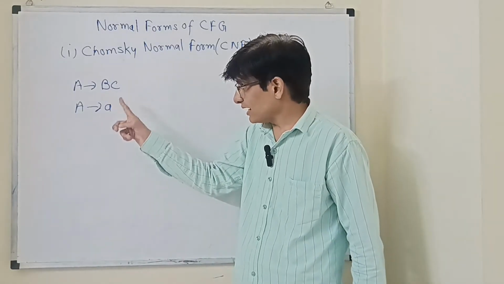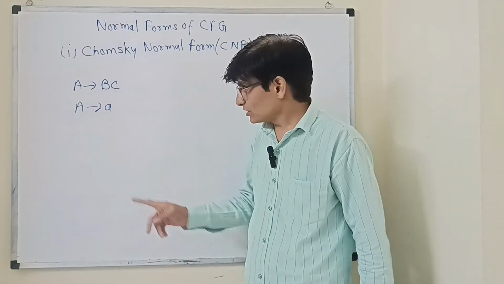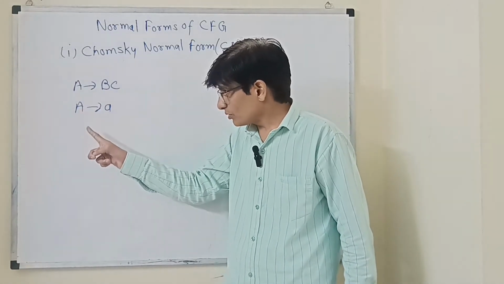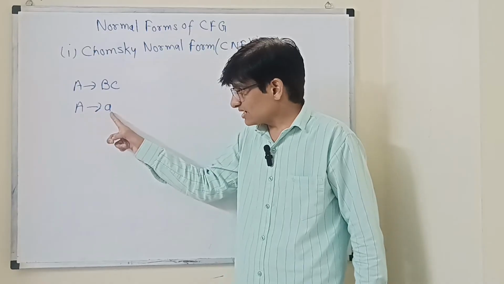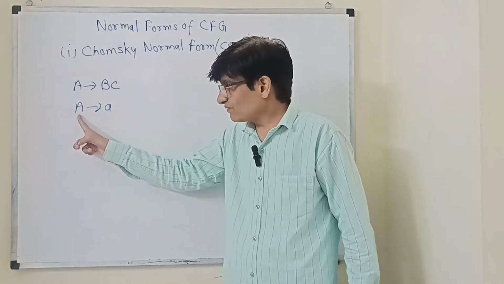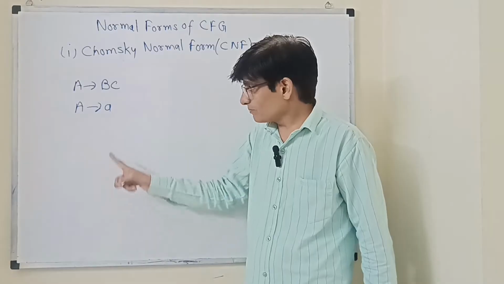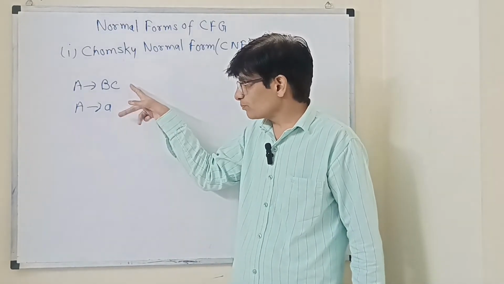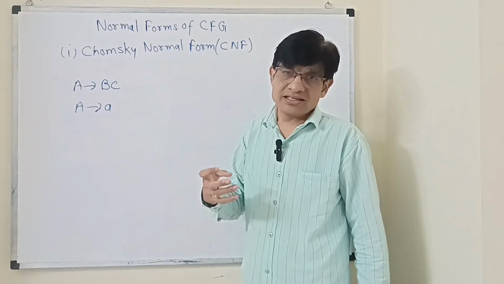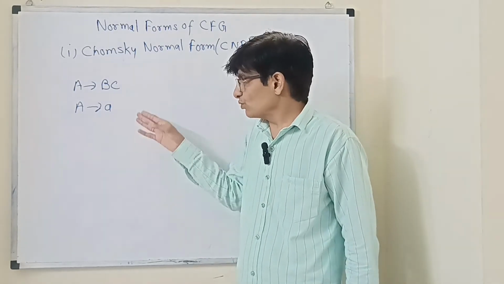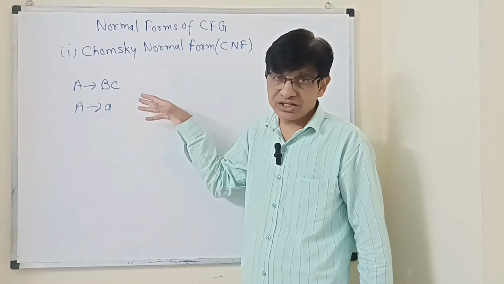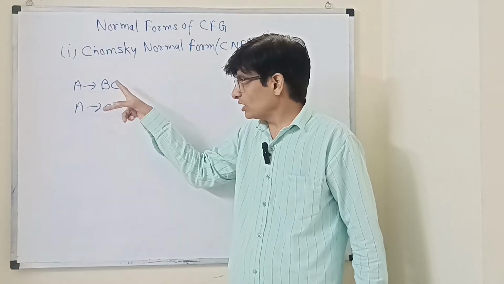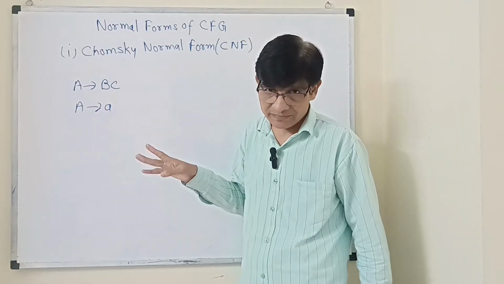The other format is A gives small a, meaning one variable on the left hand side and one terminal on the right hand side. If you want to convert any grammar into Chomsky normal form, you need to arrange all the productions in these two formats only.